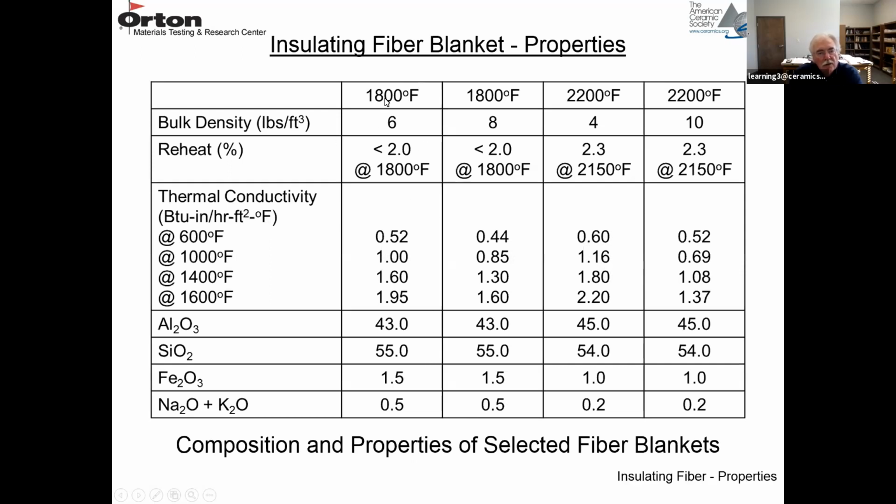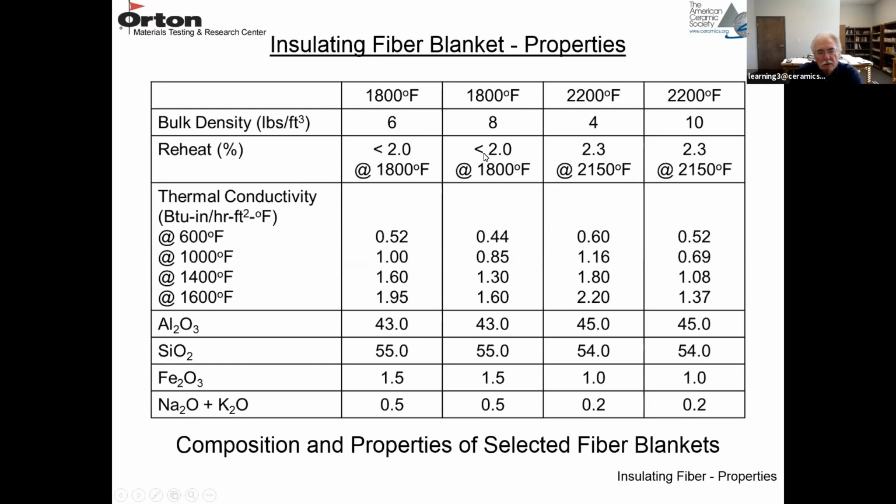So for some of the properties, these are 1800 and 2200 degree F use temperatures, and bulk densities in pounds per cubic foot are usually in increments of 2. So there's a 4, 6, 8, 10. So they try to hit these different bulk densities, 4, 6, 8, and 10, etc. These are the reheat shrinkages.